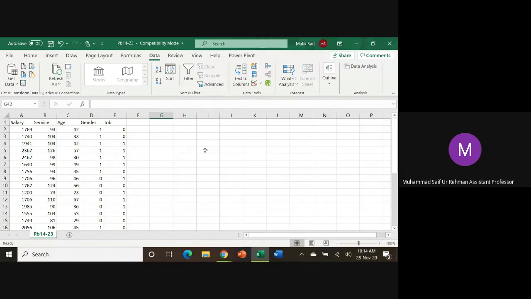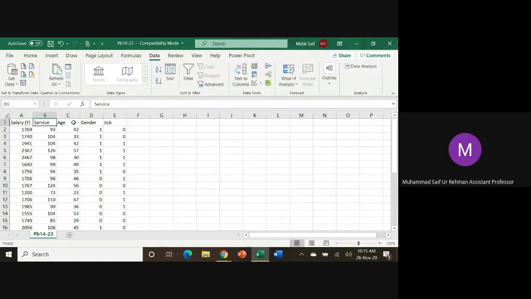Okay, so there are different ways to find out the regression results. Let us revise a few things in a few minutes, and then we will proceed further. First of all, you have to define the variables. Let us say salary is your dependent variable and you are going to denote it with y.